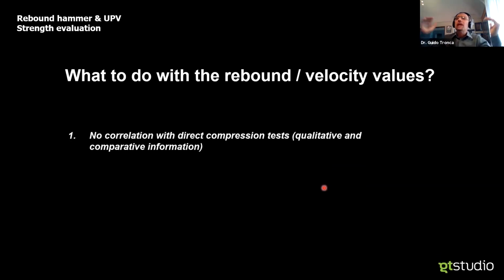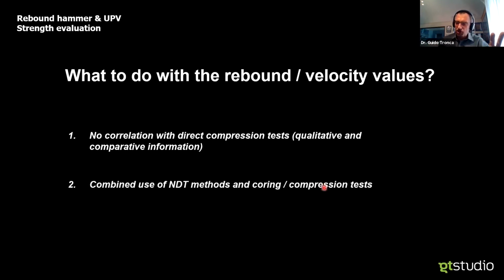Okay, two levels of approach. The first one is just enjoying qualitative or comparative information. The second one that I will mention is to go back to our old school coring and combine the information of both techniques to provide an accurate strength measurement.